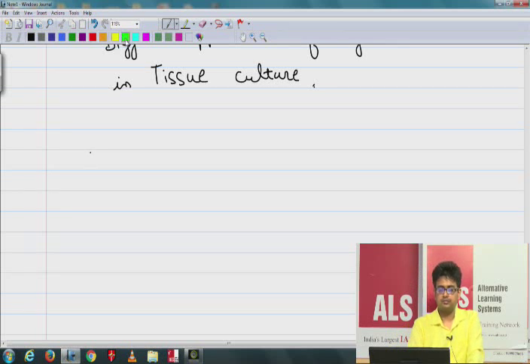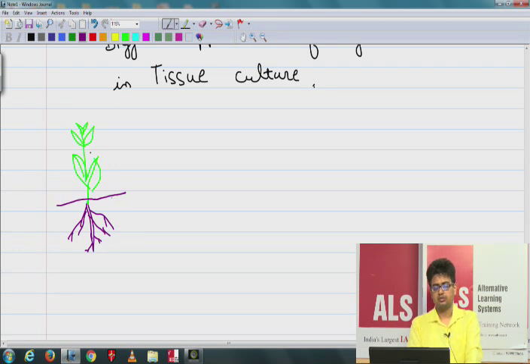There is a plant growing here. Now it has some roots and all that.